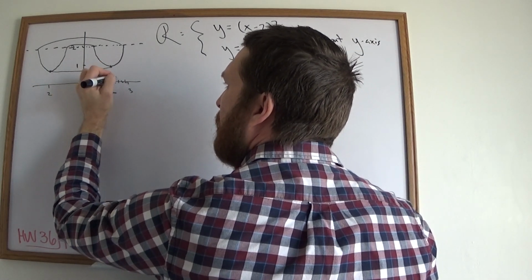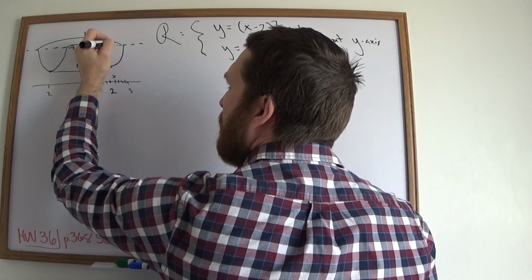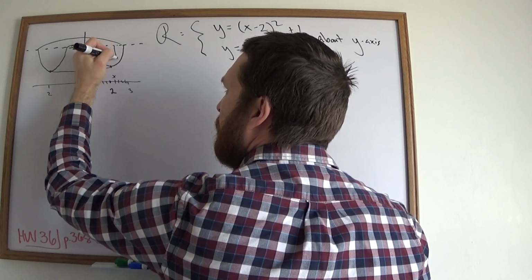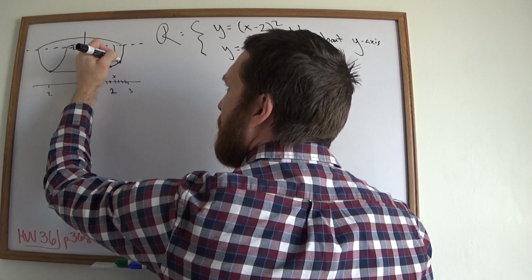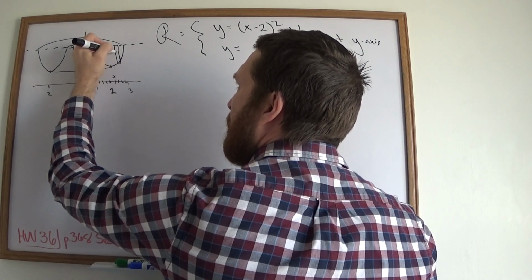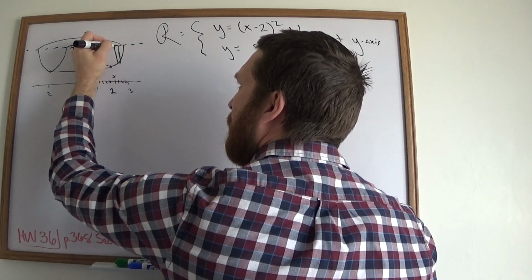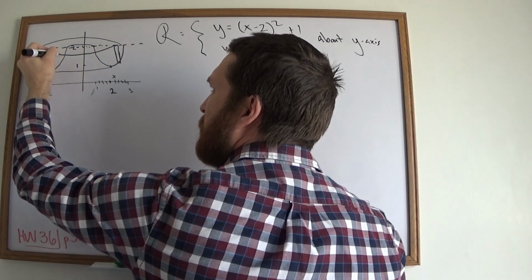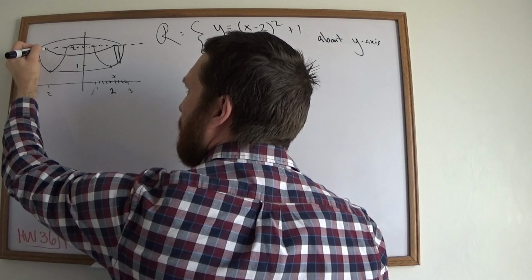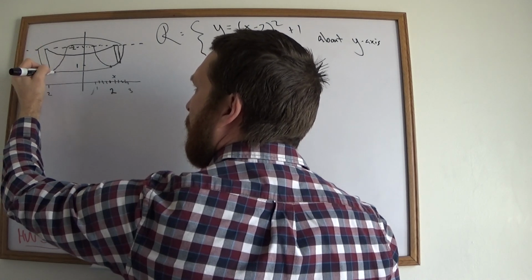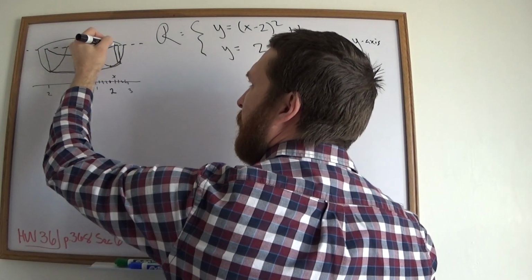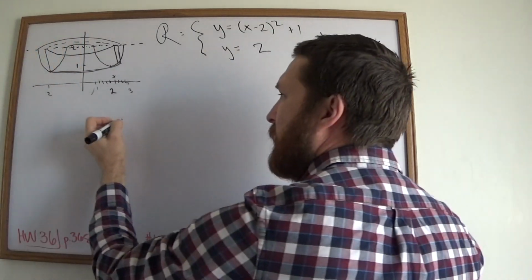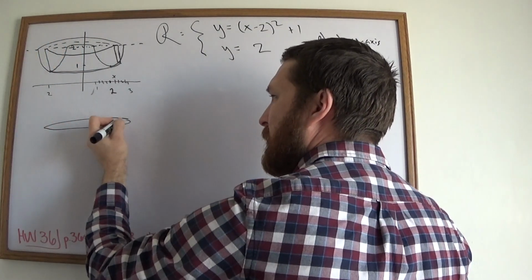Take one of the x's as my representative x, and we go boom, like that. Delta x is like that, so we get a little rectangle. That's the rectangle I'm going to bring around as my representative right here. Everybody get that?